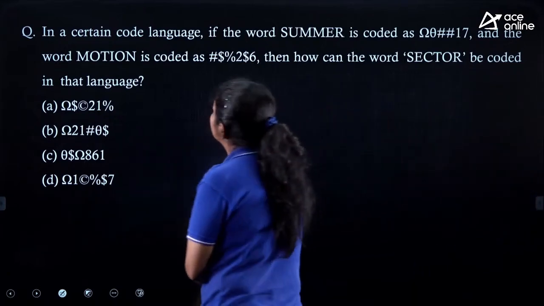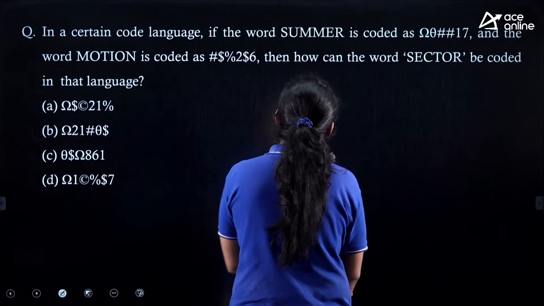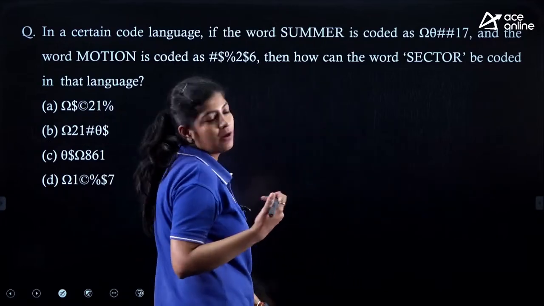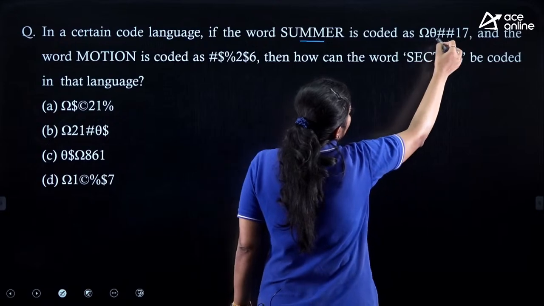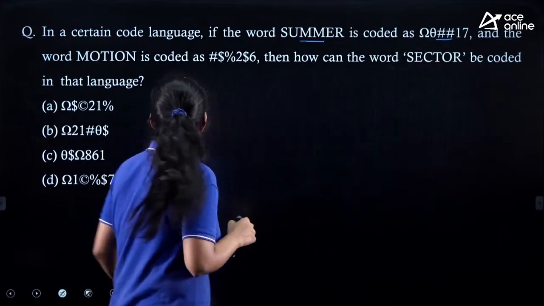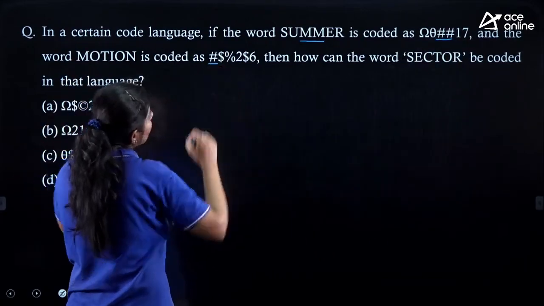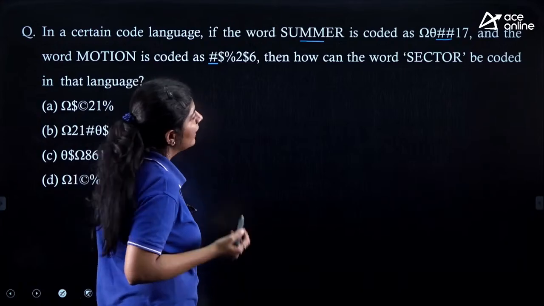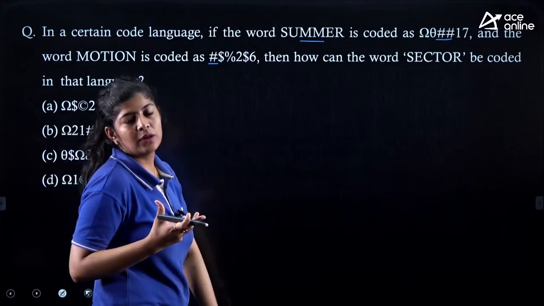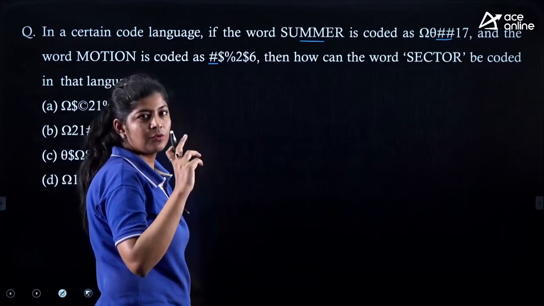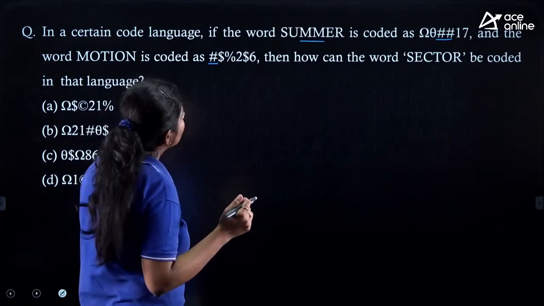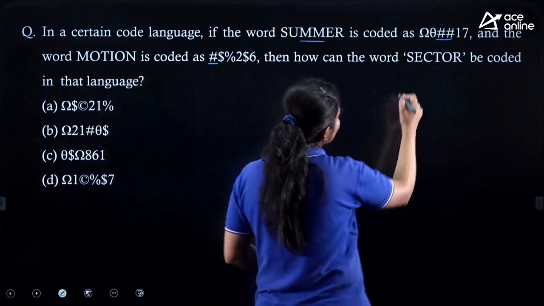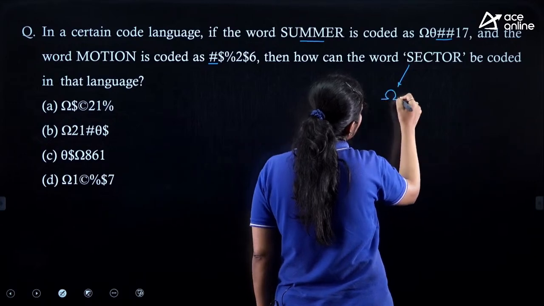Okay, let's see, Mansa. So if you will see here, instead of writing the whole word over here, we can say that here for the M, we are using 2 hash, right? In this one also we are having hash for M. That means we got to know what logic we are using. We are using letter to codes, right? Okay, so for the S we are having ohm, right?